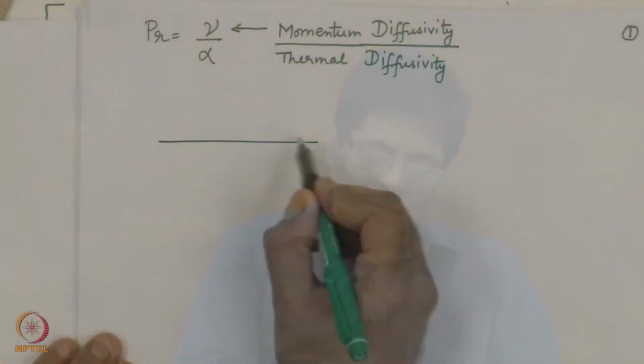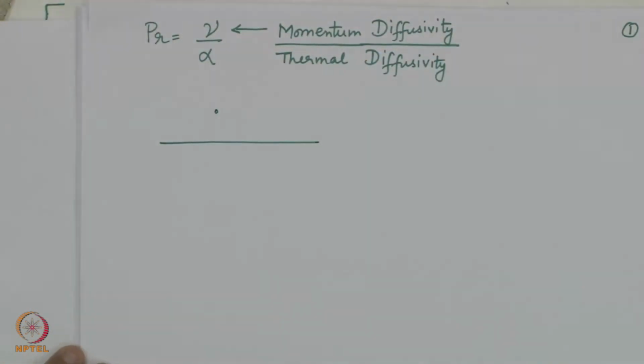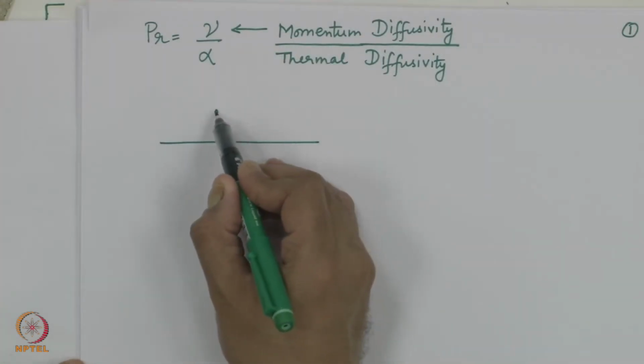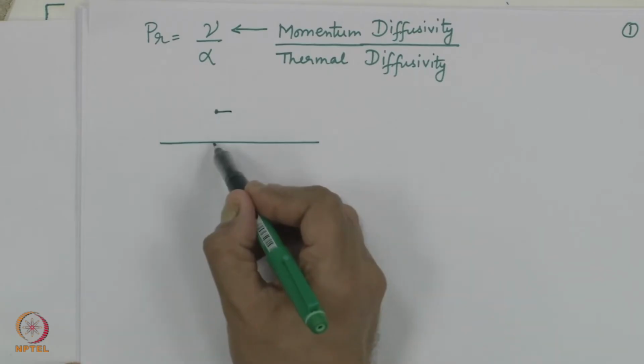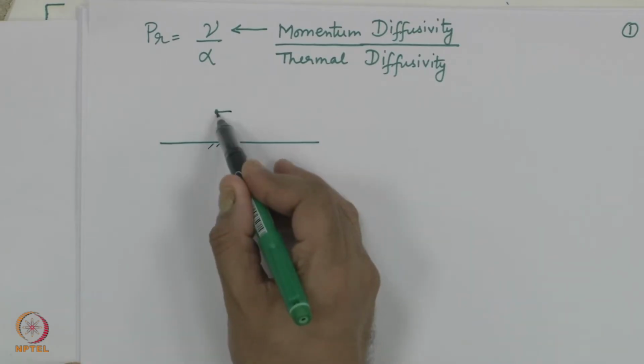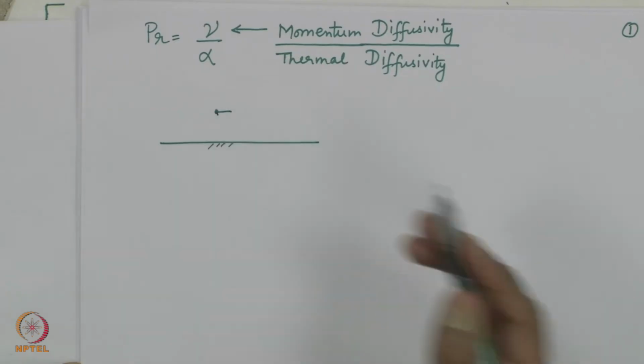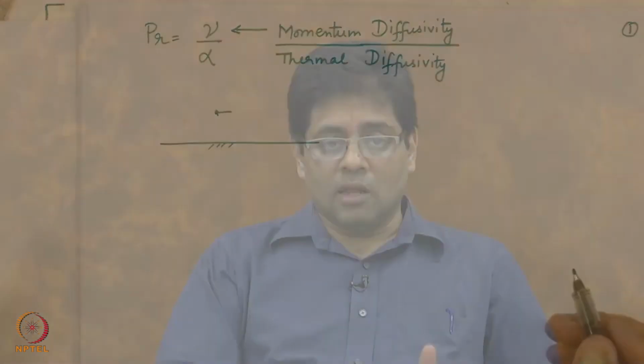Or if you keep the distance fixed, if this is the flat plate and I am looking at this point, how long does it take for momentum to get transferred from here to here? How long does heat take to come from here to here? So, keep either the location of interest fixed or the time scale fixed.